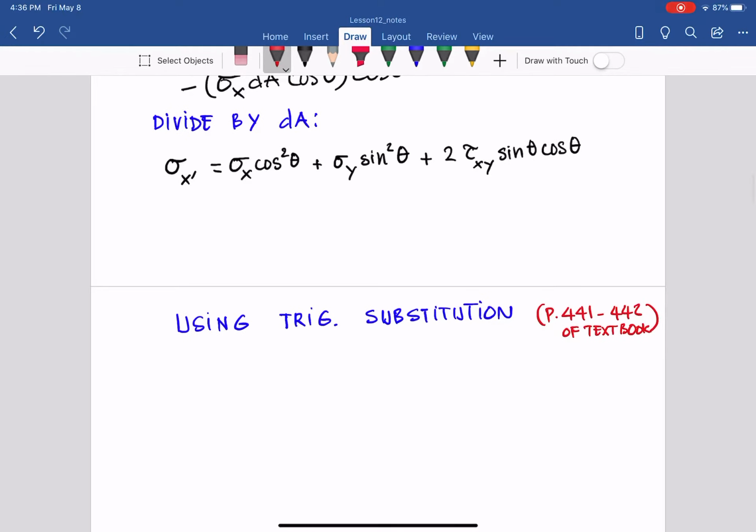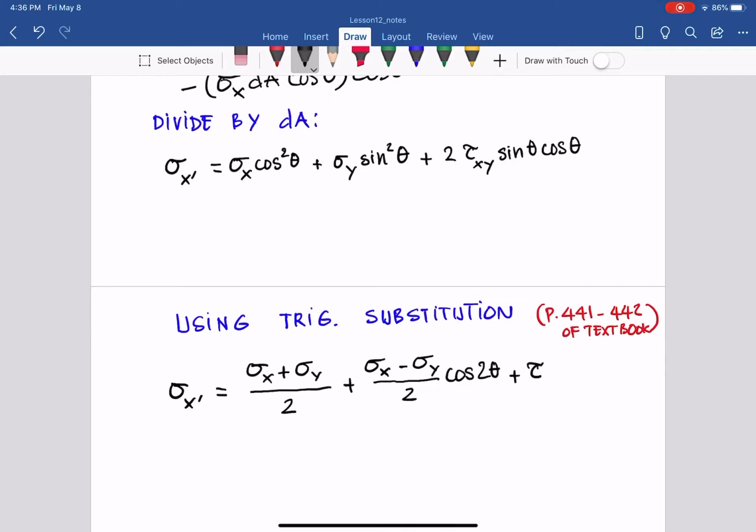So from that equation, we can have sigma x apostrophe equal to sigma x plus sigma y divided by 2, plus sigma x minus sigma y divided by 2 cosine 2 theta, and then plus tau xy sine 2 theta.